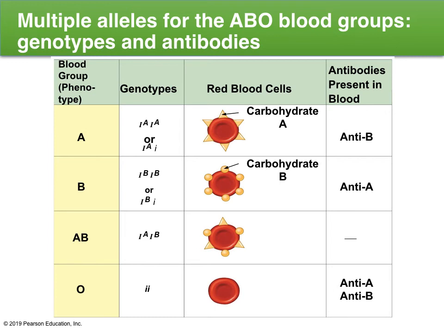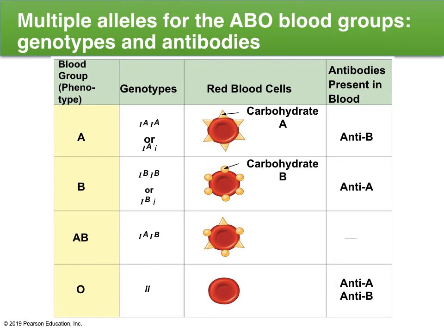Well, individuals, depending on the carbohydrates on the red cells, will have things called antibodies in their blood that are going to be complementary to this. For example, if a person has carbohydrate A on the red cells, they're going to have anti-B in their blood. So that way, if cells came into the bloodstream that were B blood, the antibodies would clump them up.